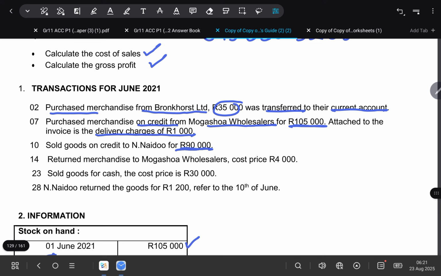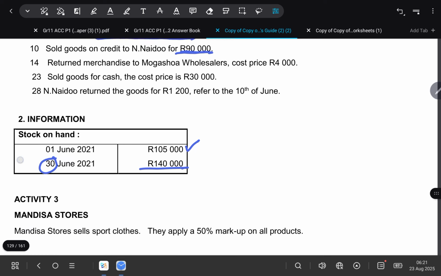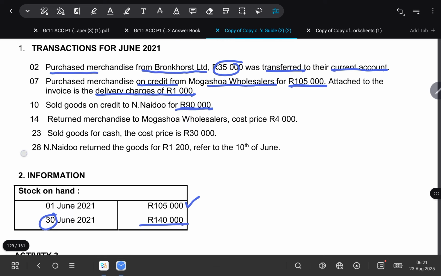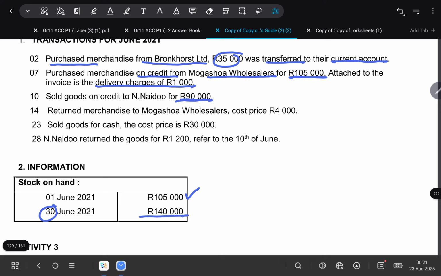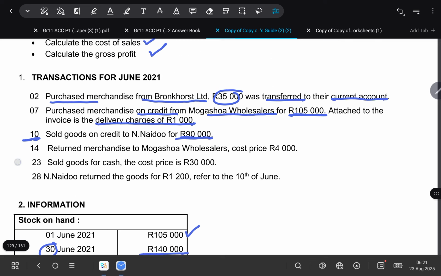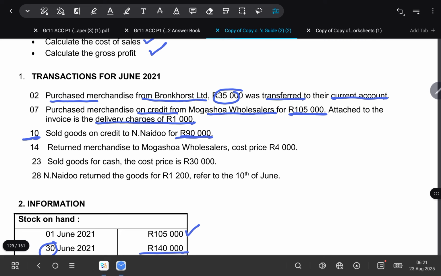So here, this information about the sales, we will need to keep it in mind. It will affect one of our adjustments. Okay, so we will come back to that. Remember I said in terms of this information, they don't record the sales of stock immediately.